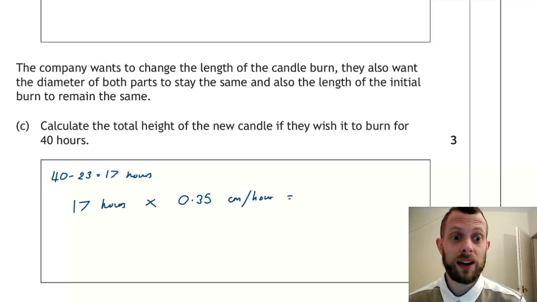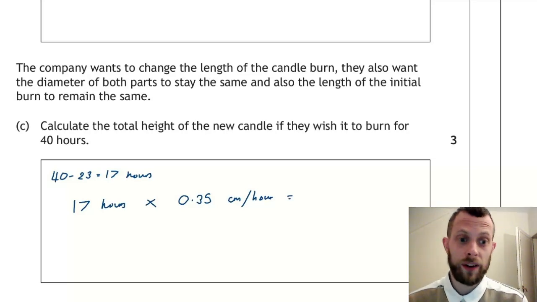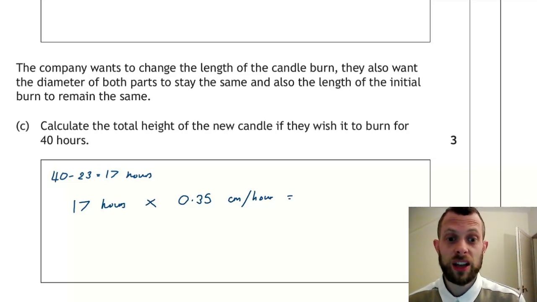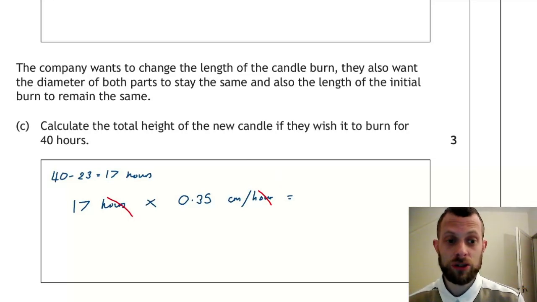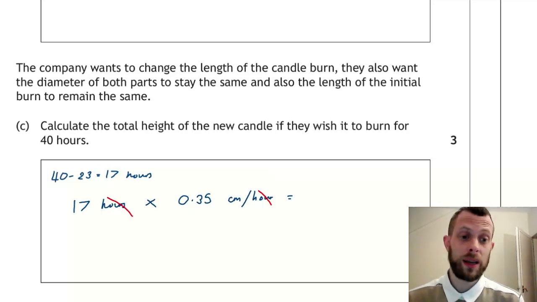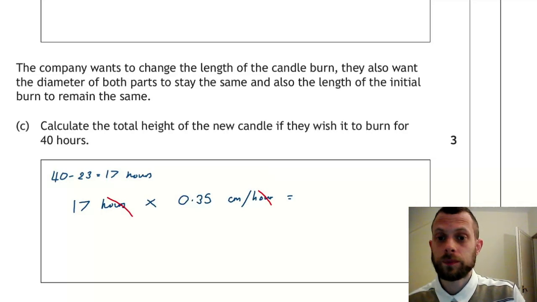So you'll always either multiply by a rate or divide by a rate. In this case, we're multiplying by the rate, and you can see that the units are compatible. So hours multiplied by something per hour gives you whatever it is per hour. Same principle behind distance, speed and time, for example.